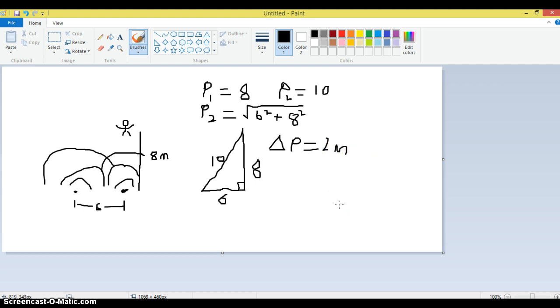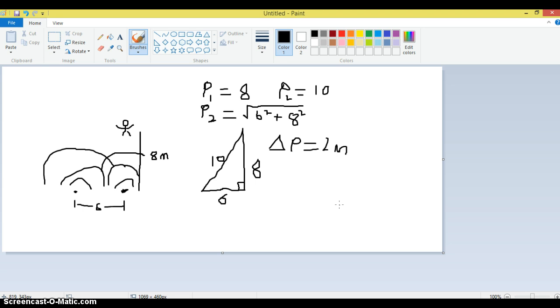So, we know from earlier that the speakers have a wavelength of 2 meters when they're in phase with each other. And part B says, will the sound waves interfere constructively or destructively at the observer's location, or something in between constructive and destructive?